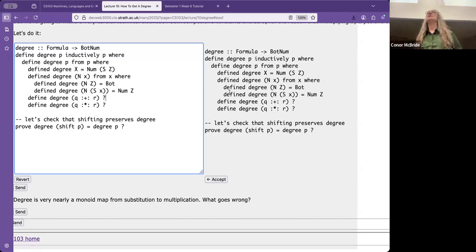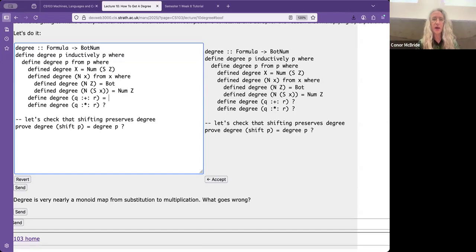Did I hear somebody mutter B max? Right? So if you're adding up a bunch of stuff, the degree of the whole thing is the degree of the highest component. So, you know, if you're adding x squared and x, x squared is quadratic, x being linear. You're taking the max.